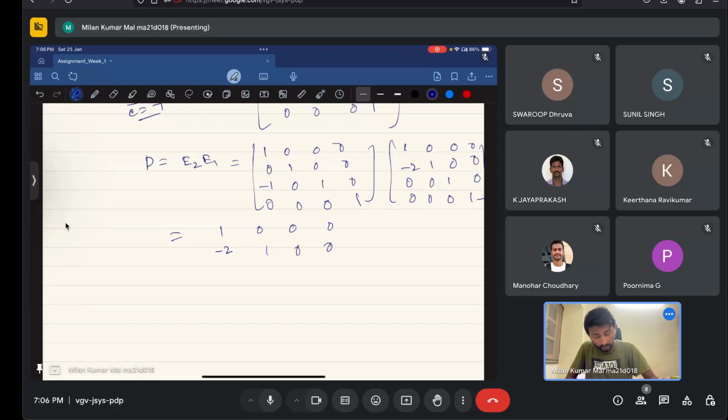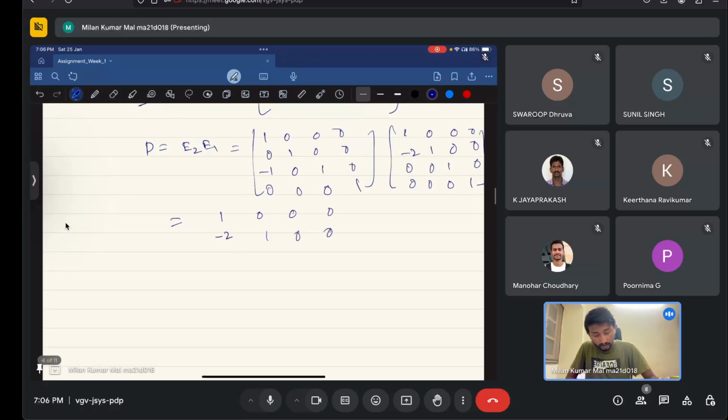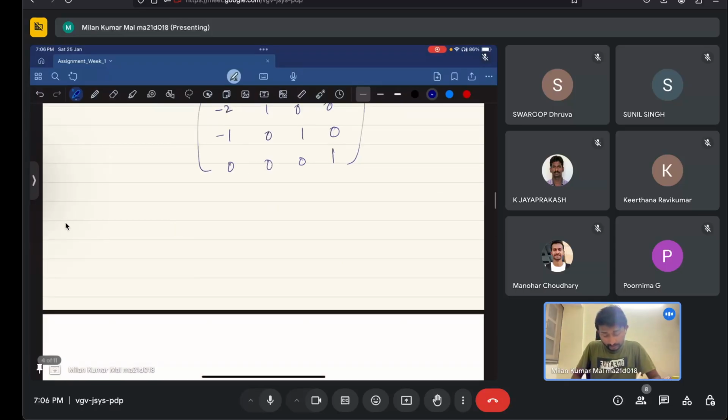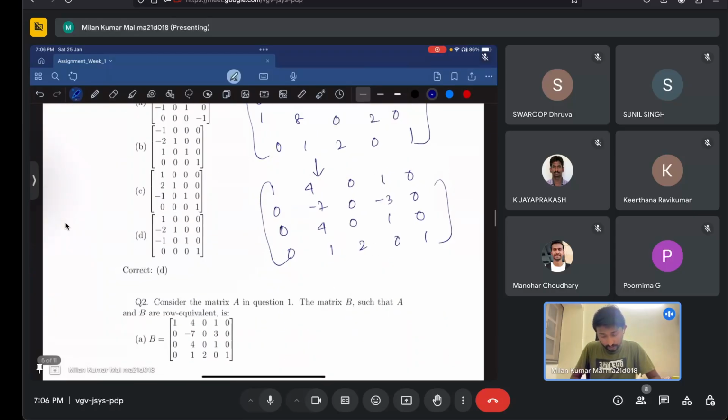This row with this column will have minus 1 here, nothing else. Minus 1 here, then 0, then 1 and 0 here. After that it is as it is, 0 0 0 1. So this is the matrix. Let's see whether this was the D or not. Yes, this is the D.